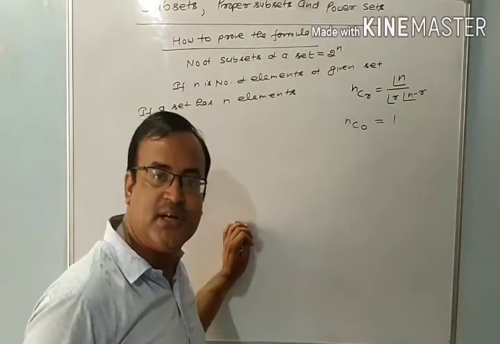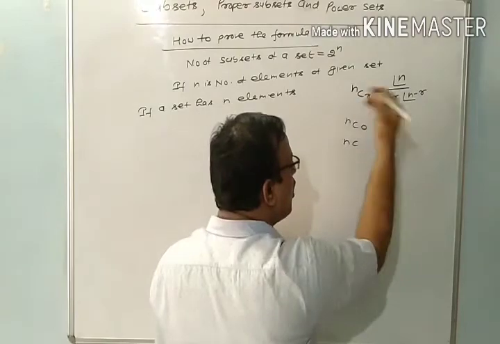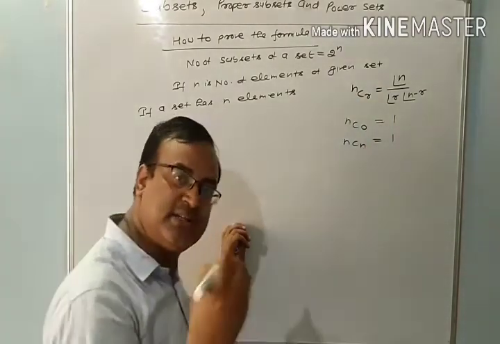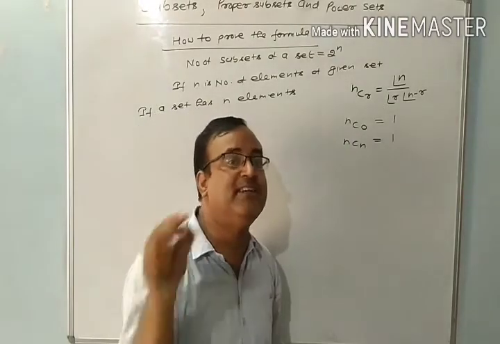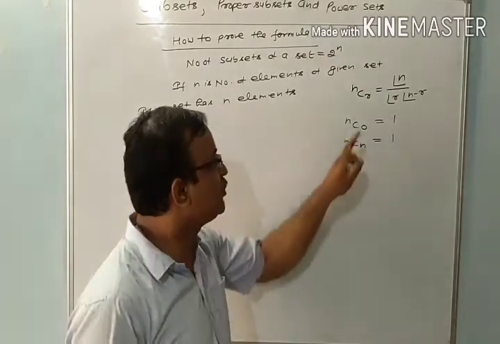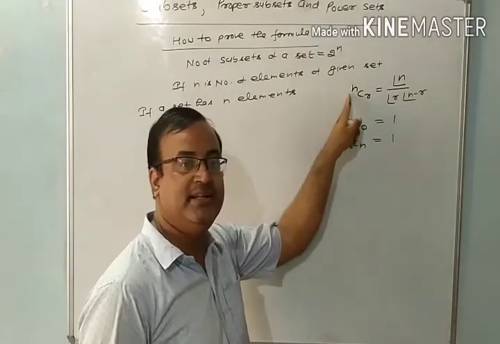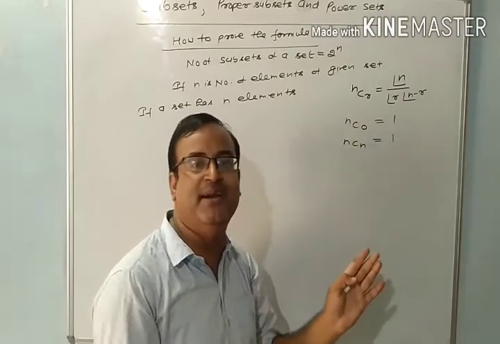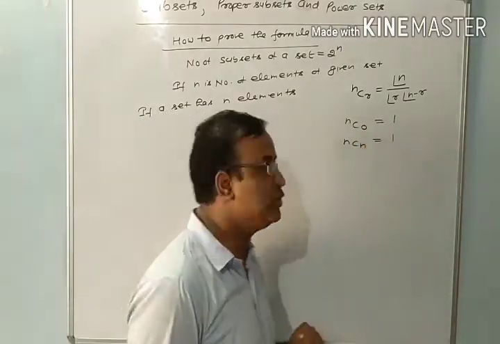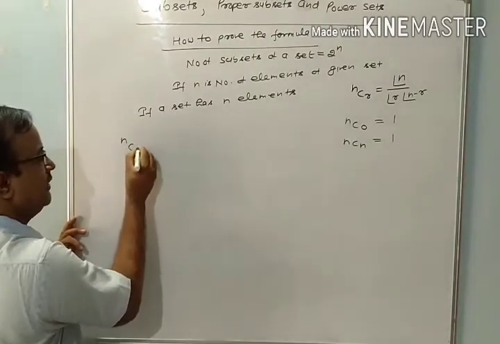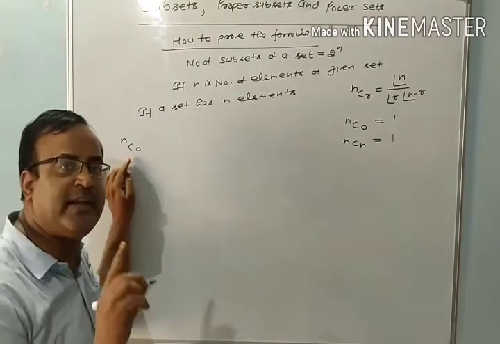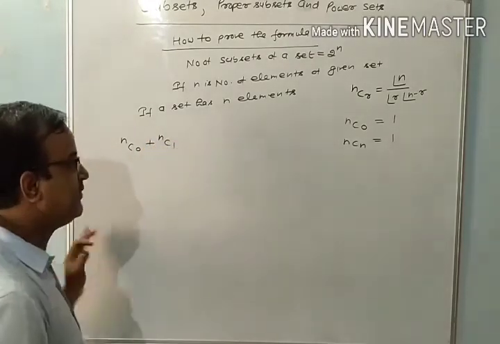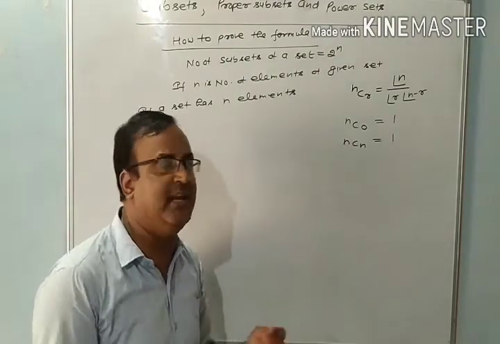Clear? And if we select all elements of the set, then also one set, which is itself. That means, I think you know, every set is a subset of itself. Clear? So when the value of r becomes n, then it is nCn, which is equal to 1, and when the value of r is equal to 0, that means there is no element, then only 1. Clear? So nC0, when we solve it, we will get only 1, plus nC1, that means we will make subsets of 1 element.